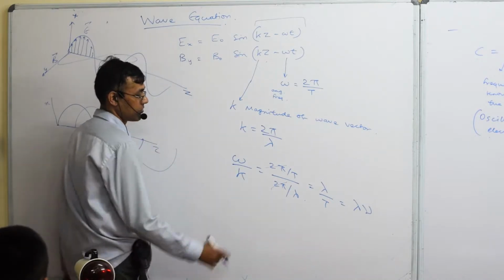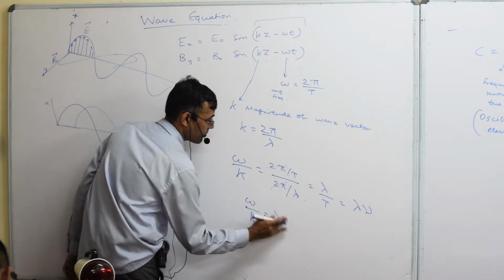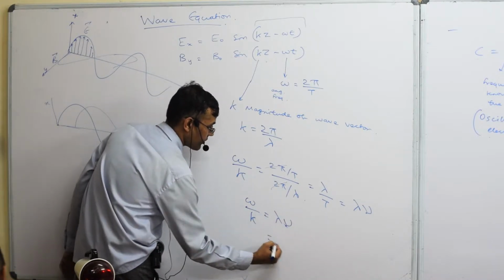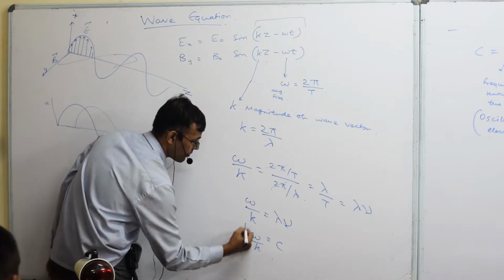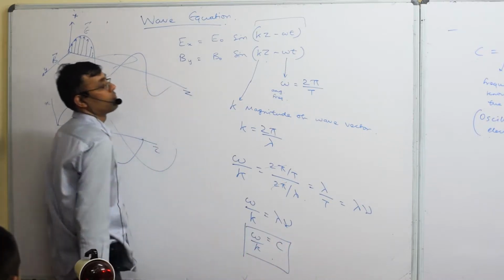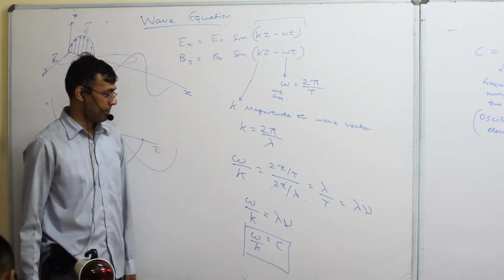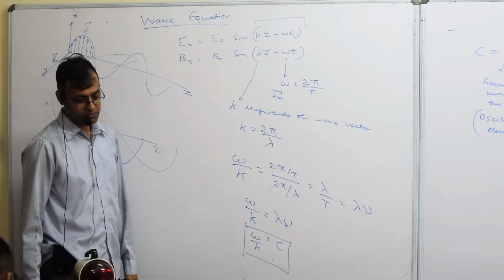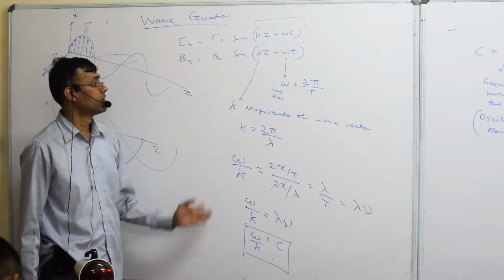C, velocity. So omega by k is equal to lambda nu, and lambda nu is nothing but c. So I can write omega by k is equal to c. That's a small relationship. It comes under the wave equation. They may ask you to prove omega is equal to kc. Something like that. You should know this.